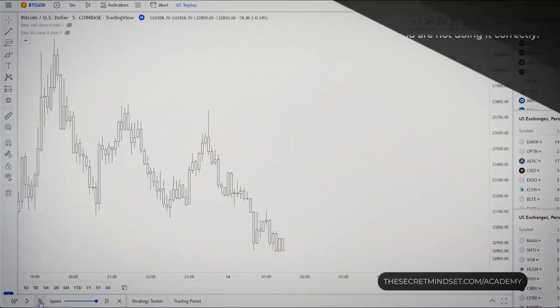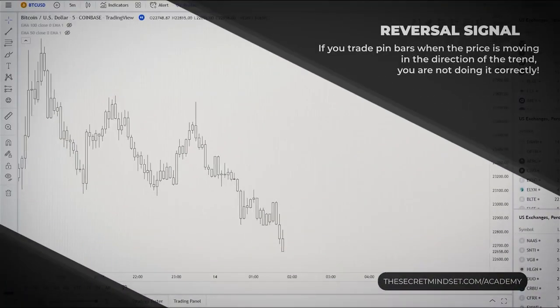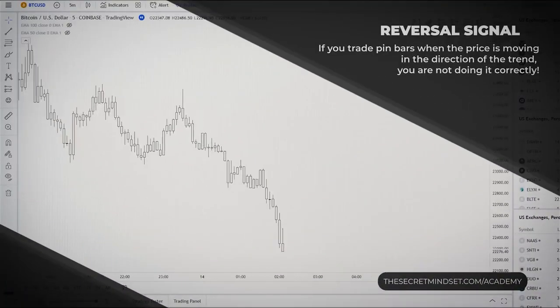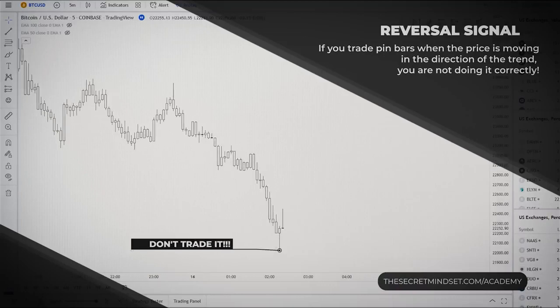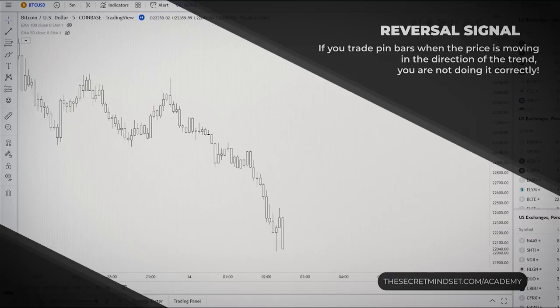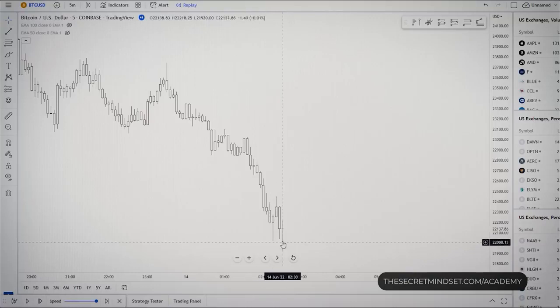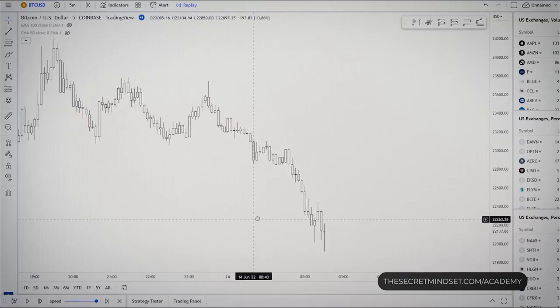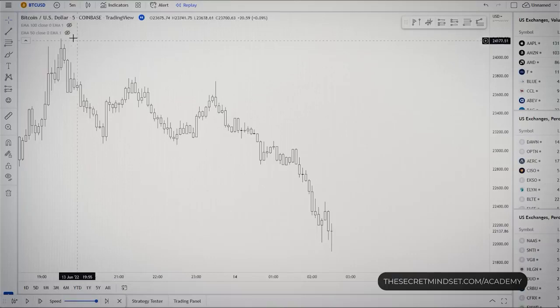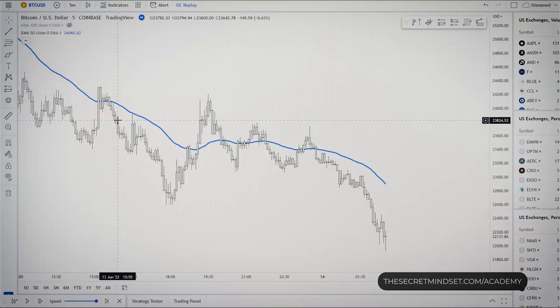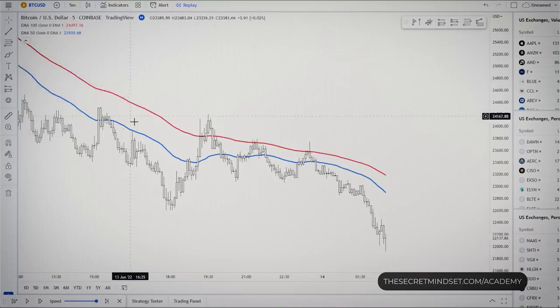At its core, a pin bar is considered a reversal candlestick. But if you try to trade pin bars as reversal signals when the price is moving in the direction of the trend, then you are not doing it correctly. So to avoid the situation, you'll use two exponential moving averages, one with a period of 50 and the second one with a period of 100.